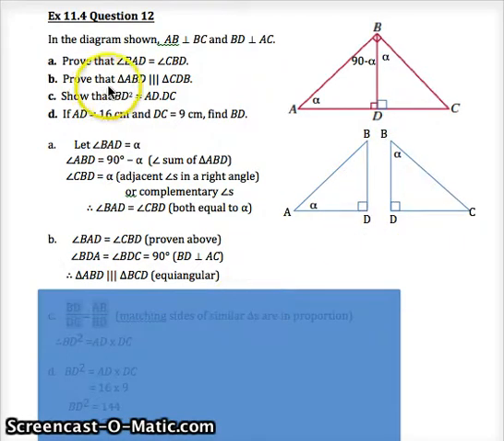Once you've proven that two triangles are similar, we can then talk about ratios of corresponding sides being in proportion. Now we have to show that BD squared equals AD times DC. So what we need is two ratios, and BD has to appear in the ratios twice. So we need a ratio with BD and its corresponding side.